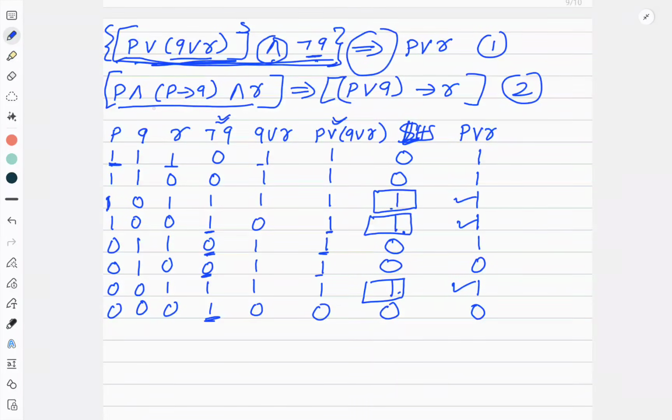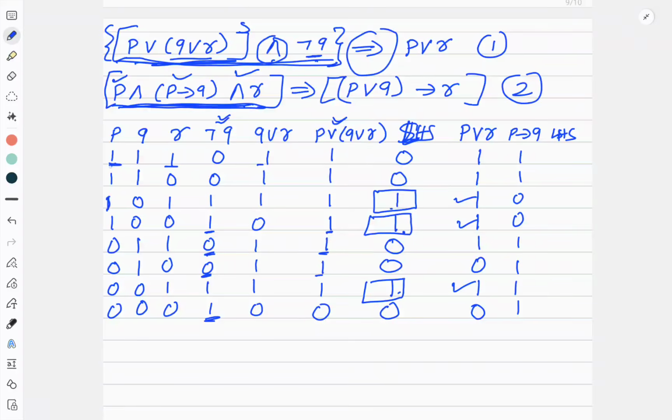I will construct this first. So I need to write P and Q. P implies Q is 1, 1, 0, 0, 1, 1, 1, 1. Now I need to see P and this and R. Obviously this whole thing will be true only if these 3 separately are true. So I will check directly for this left hand side.